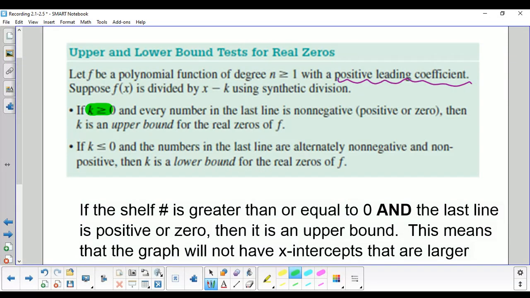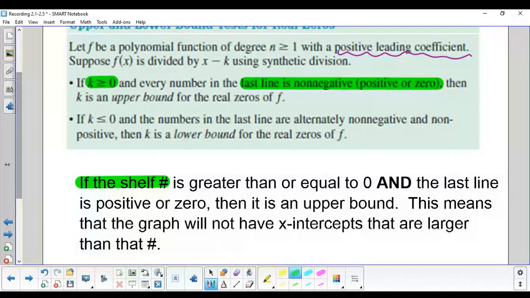If k is greater than 0, so if the number on the shelf is positive, and the last line is non-negative, that means positive or 0, then we say that that value is an upper bound.